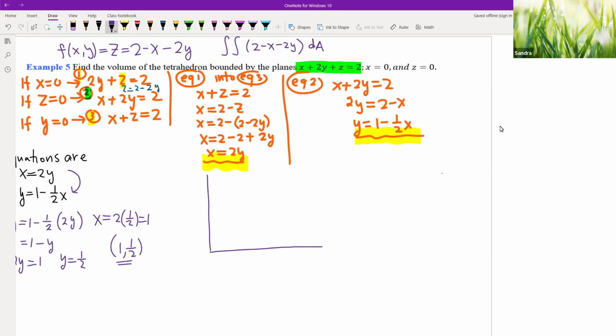Okay, I have two different linear functions. This one over here is y equals 1 half x. So the origin, and then go up 1 and then to the right 2. And I have this.